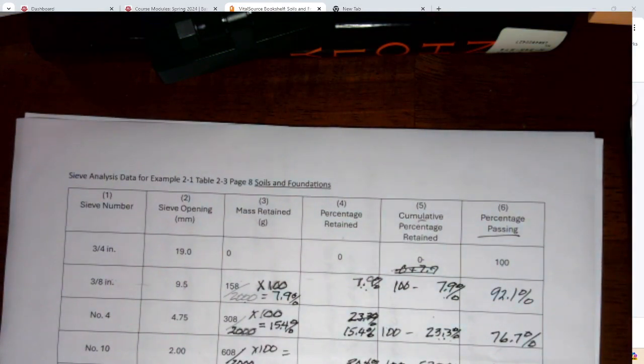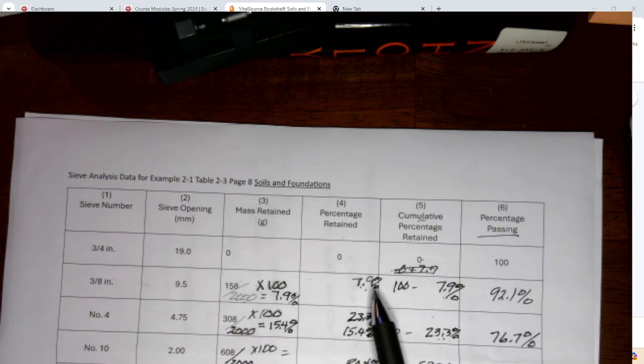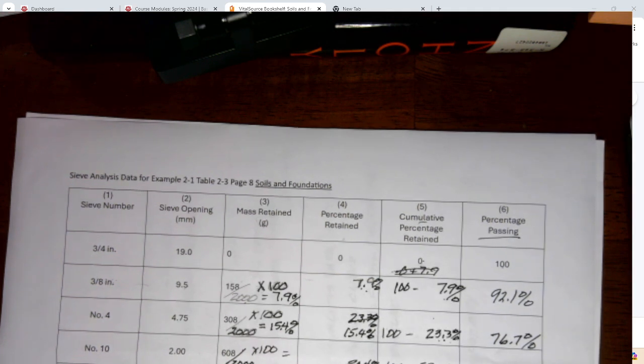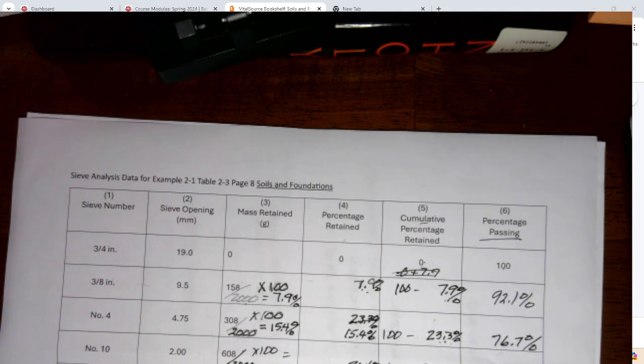The book lays it out in long form for calculating the cumulative percentage retained. We don't want to stop with this. We need cumulative percent retained. So for now, pay no attention to these 100s, okay?